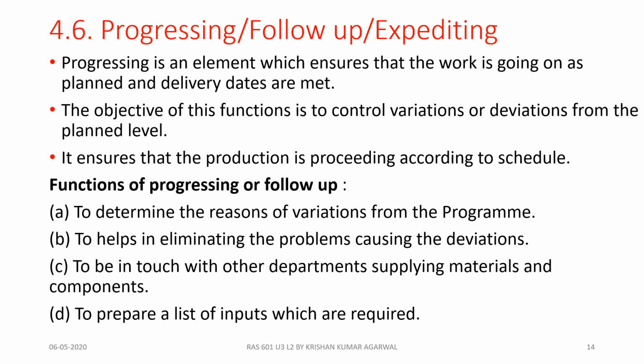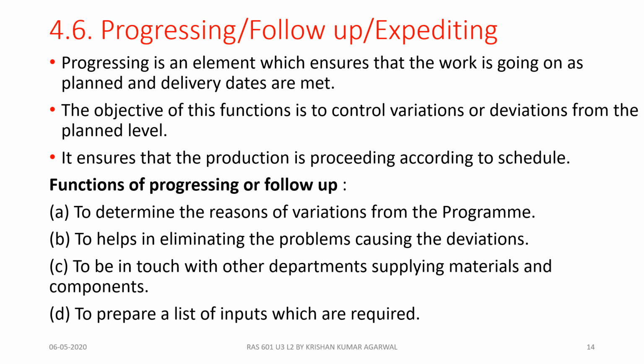The functions performed by the people working under the production control cell to control the process are to determine the reasons why the variation occurs in the process. They have to identify the reasons and help in eliminating those problems which cause the variation or deviation in the process.